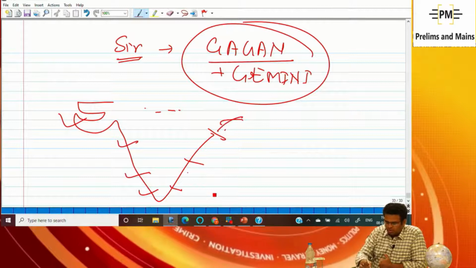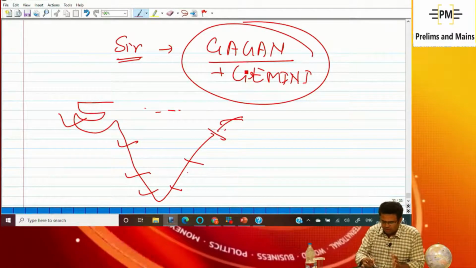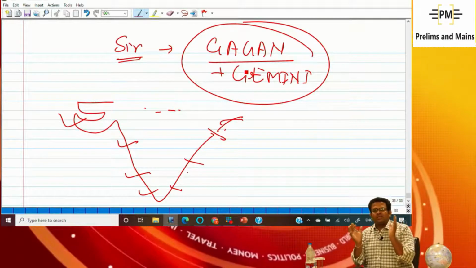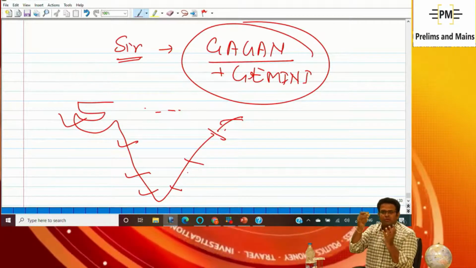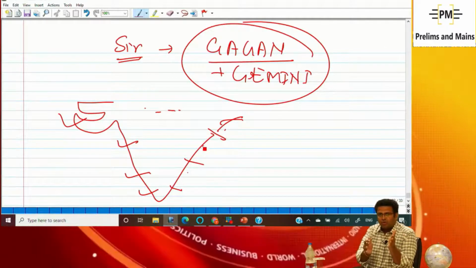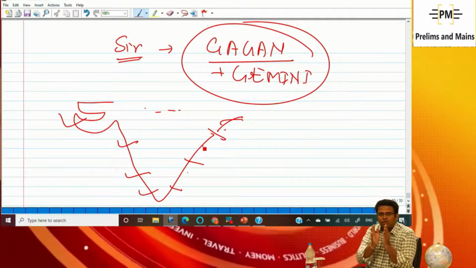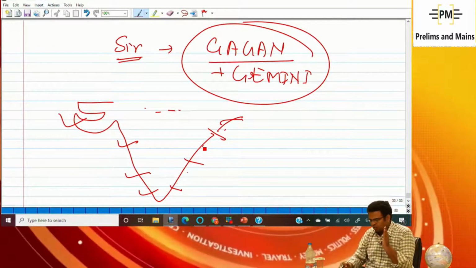On these coasts, generally phone towers help a fisherman get phone communication. Suppose a fisherman is away from the coast, then my phone will work only up to 10 to 12 kilometers.